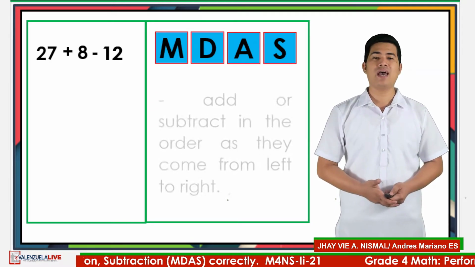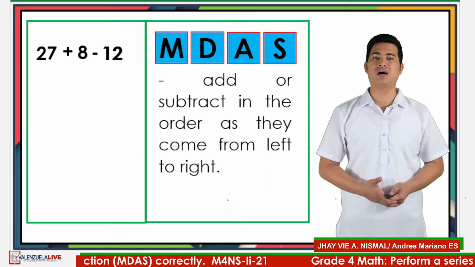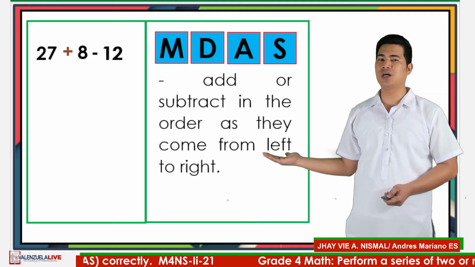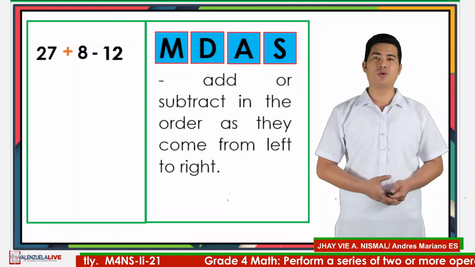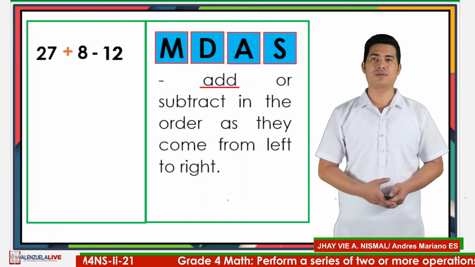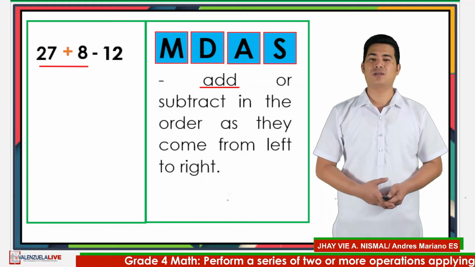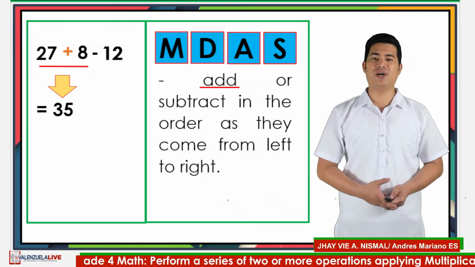Why? As the rule says, add or subtract in the order as they come from left to right. As you observe, addition comes first in order from left to right. So, let's add. 27 plus 8 is equal to 35.